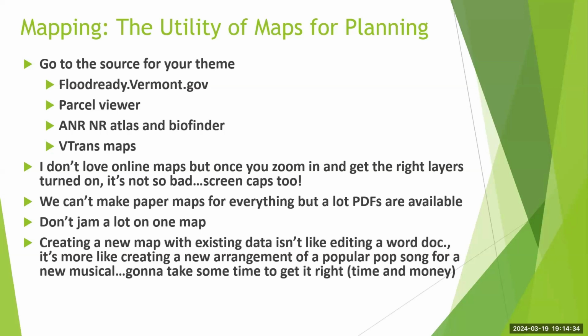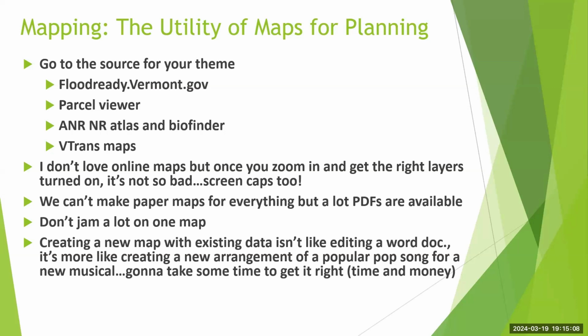The big four are something called Flood Ready at vermont.gov. There's the parcel viewer. You can just Google parcel viewer Vermont. Most people are familiar with the ANR Natural Resource Atlas. That has a lot of layers in it, but there's a drop down in the upper left-hand corner that has various themes that can make turning layers on and off a little less daunting.